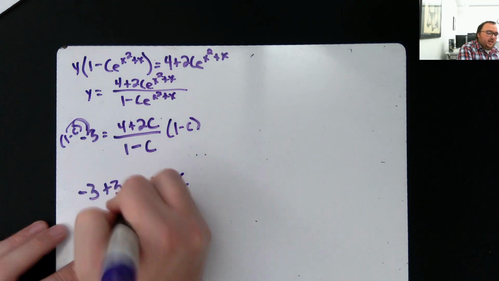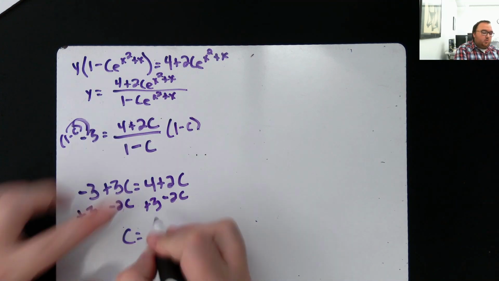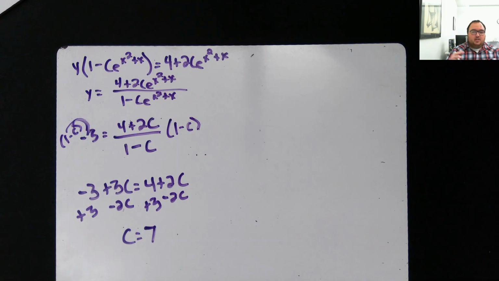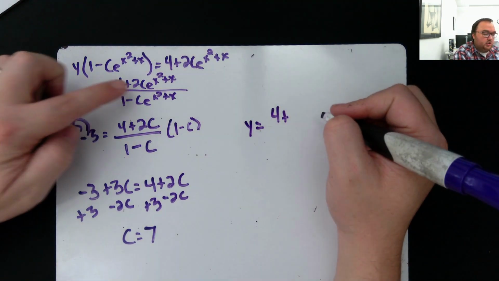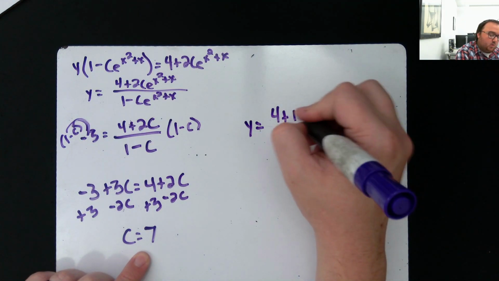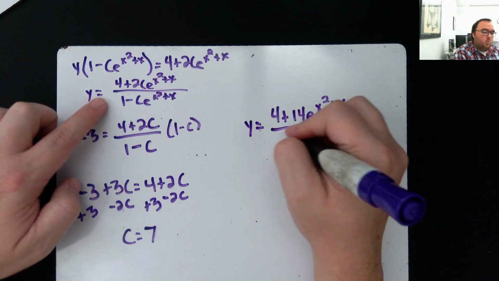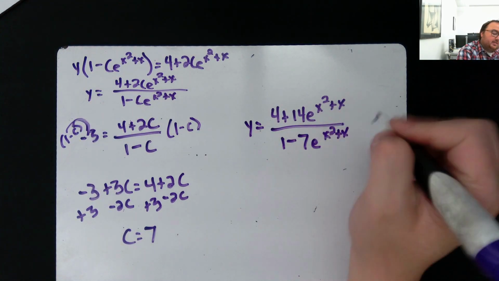Subtract 2c and add 3 to both sides. Gives you 1c equal to 7. So that gives me y equals 4 plus 2c, 2 times 7 is 14, e to the x squared plus x, over 1 minus c, which is 7, e to the x squared plus x.